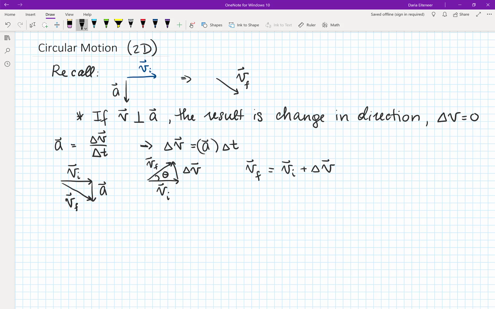So that's how we define delta v to begin with. Delta v is v final minus v initial. So it's kind of hard to see that these two pictures actually represent the same thing.